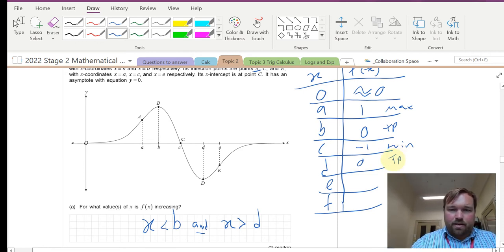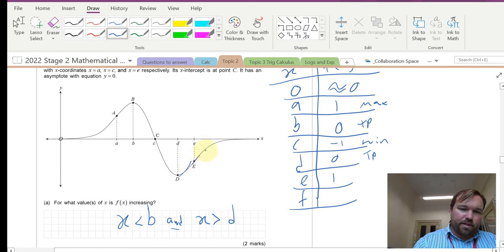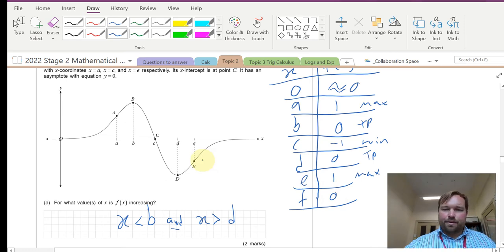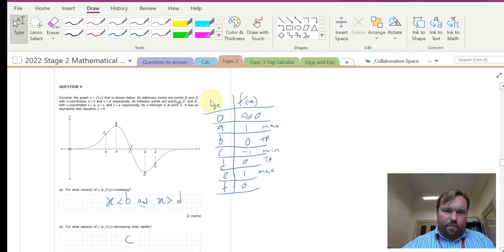E is another inflection. It's going to be positive, so it's like 1, and then it will be positive and less positive, so then that's a max. And then f goes towards 0. Alright, so that's how we've done that in our graph paper.